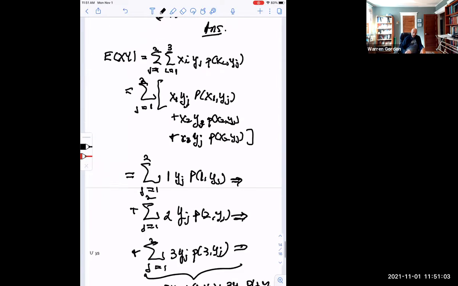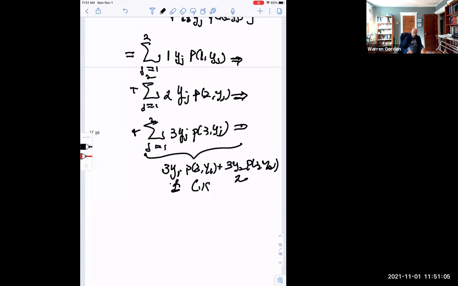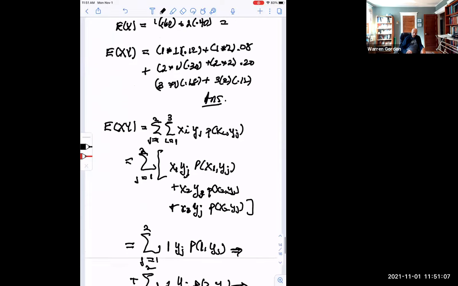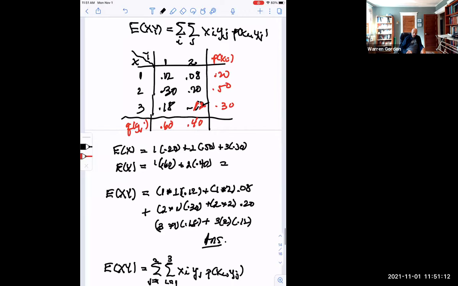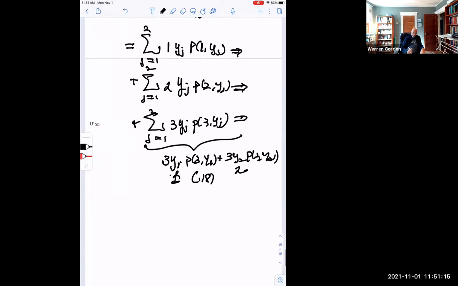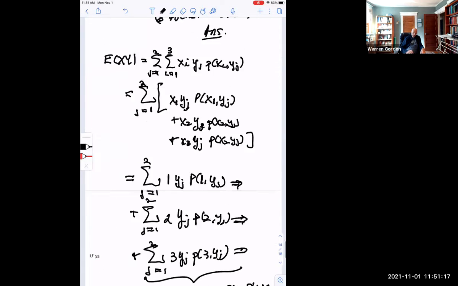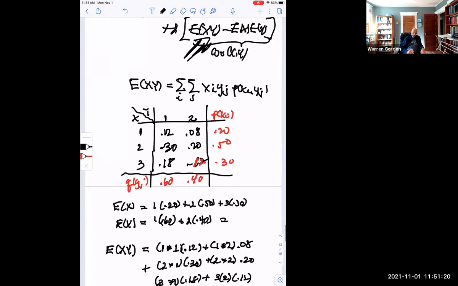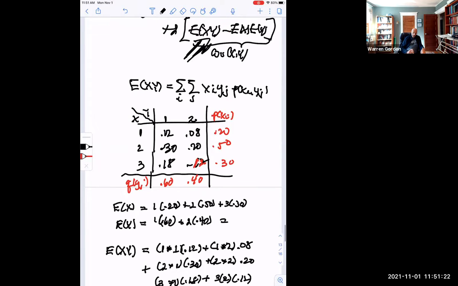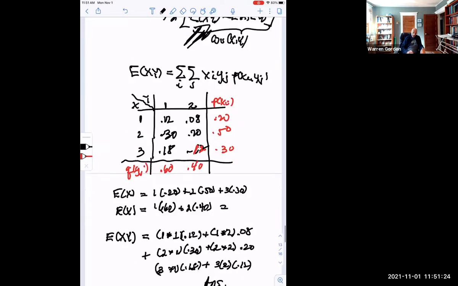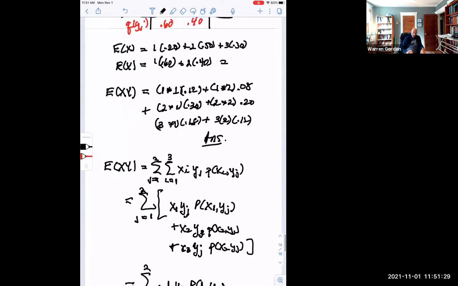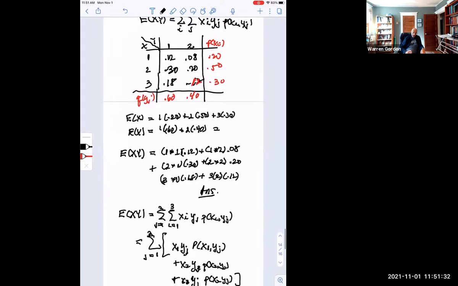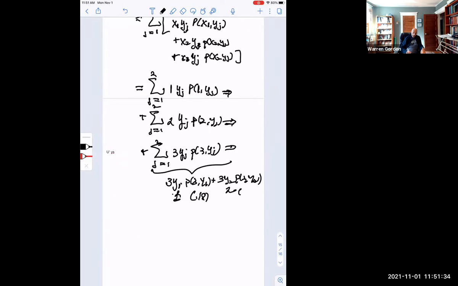It's 0.18. And the other one was, I'm sorry, y1 was 0.60, wasn't it? 3y1, x is 3, y1 is 0.18. I was right, okay. And the other one was 3y2 is 0.12. And you do the same for this one and the same for this one.